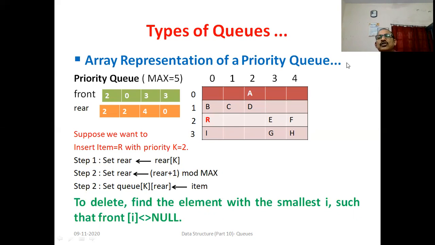The columns are the capacity of each queue, and each queue must have the same capacity. Now you can see two one-dimensional arrays: one is the front array and the other is the rear array. So there are 3 arrays: one 2-dimensional array and two one-dimensional arrays.